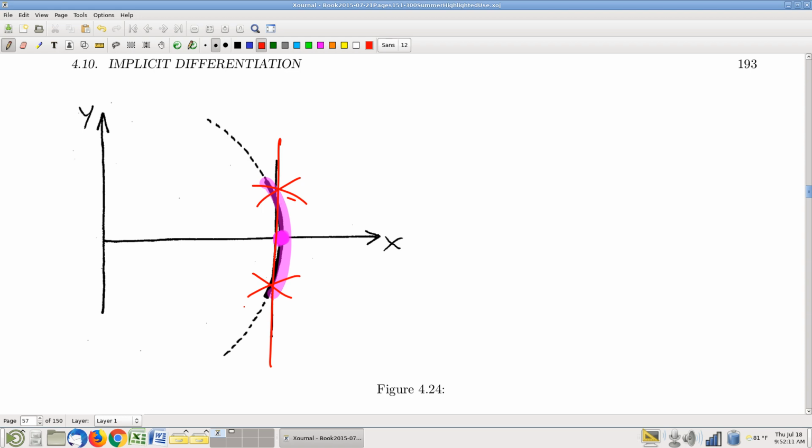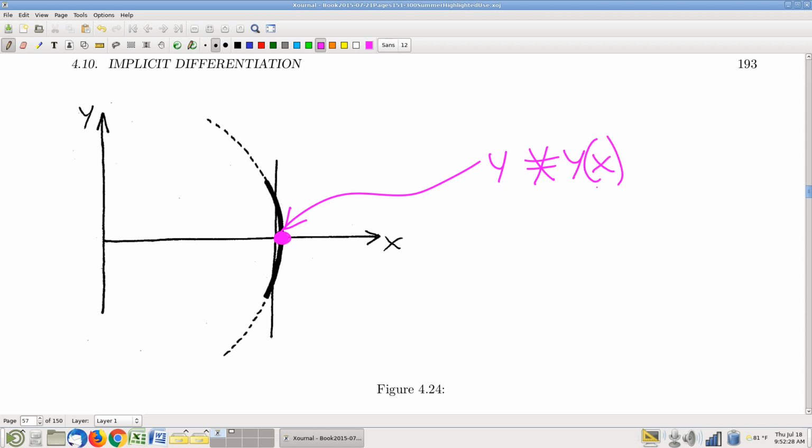That's a problem. The reason that's a problem is because at this point, in no sense can you claim that y is a function of x. Not globally on that curve, not even locally on that curve. In no way, no how is y a function of x.